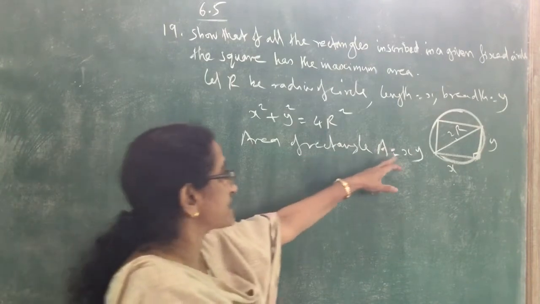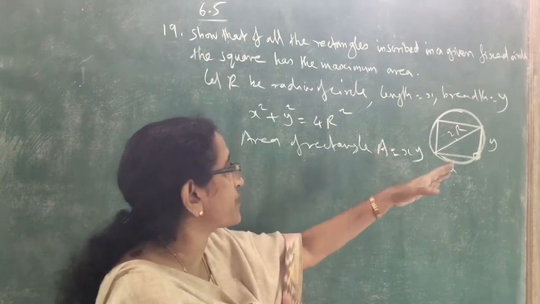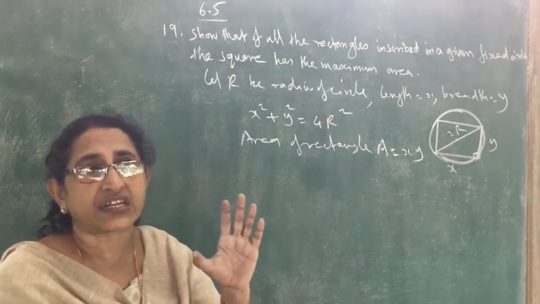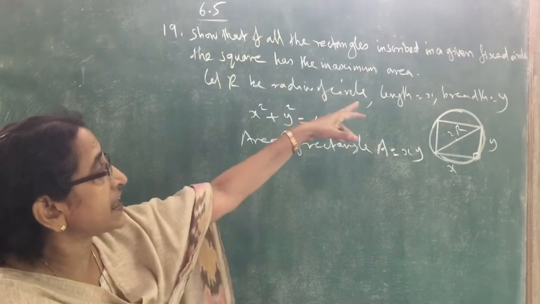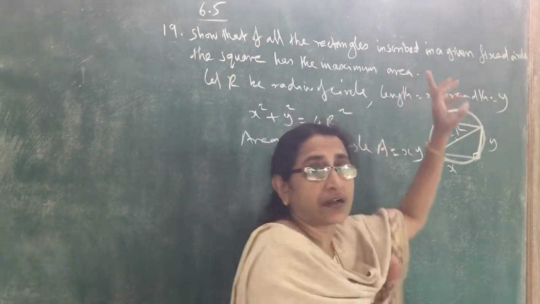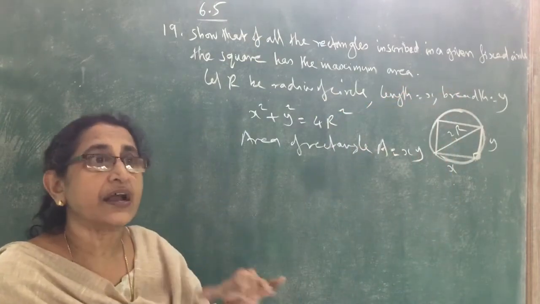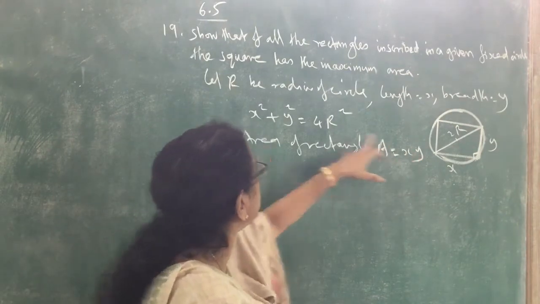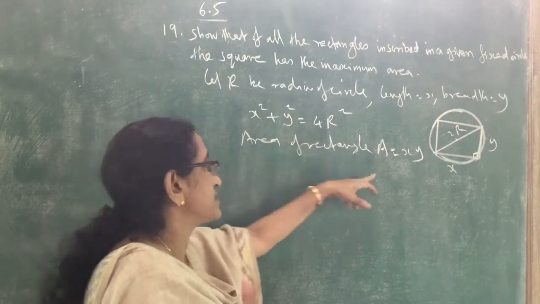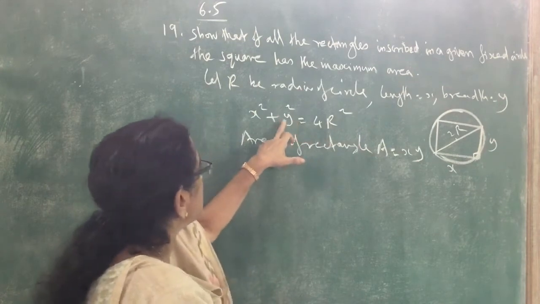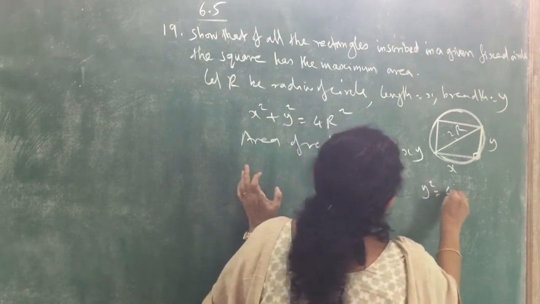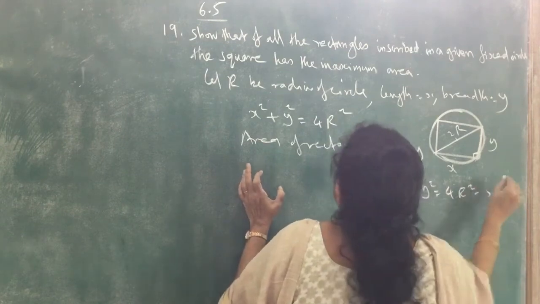Here x and y are both variables, the length and breadth of the rectangle, but r is a constant, the given radius of the given circle. So we have to write y as a function of x. So y squared equals 4r squared minus x squared.